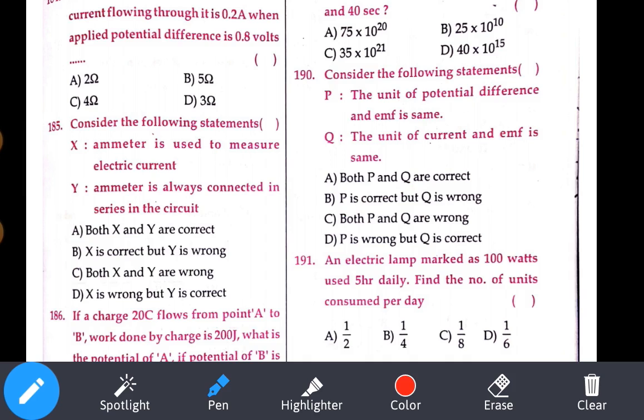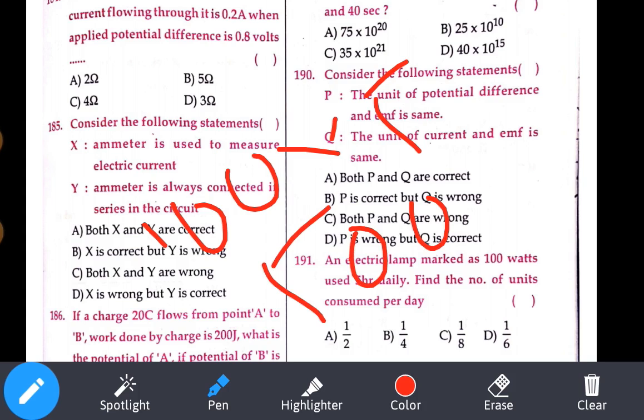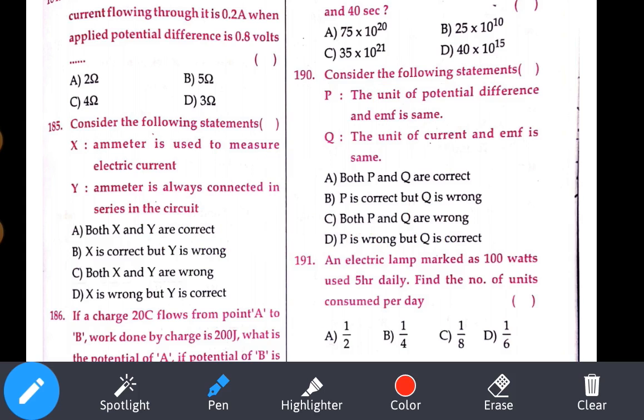Number of units, how much? Watts per hour. Number of units is nothing but 100 into 5, which is 500. So the lamp is 100 watts, used for 5 hours, number of units consumed per day.